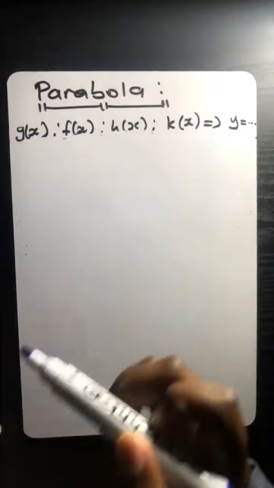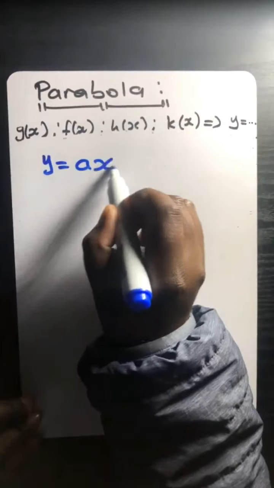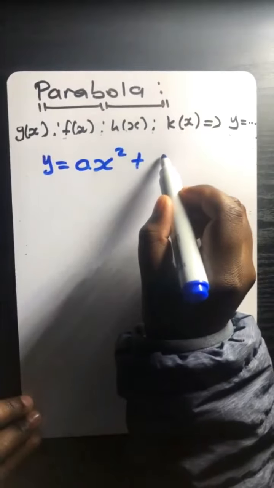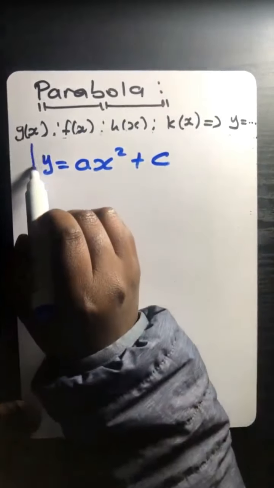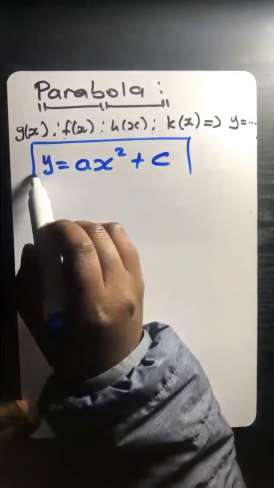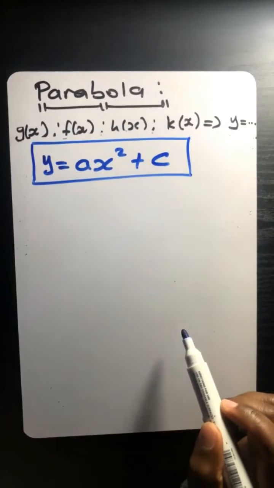Let me just write the general formula that says ax squared, let's say maybe plus c. What I want to explain, guys, are some important things.